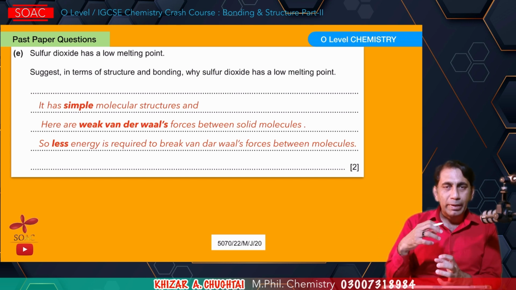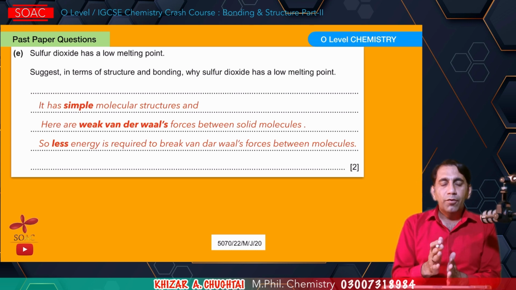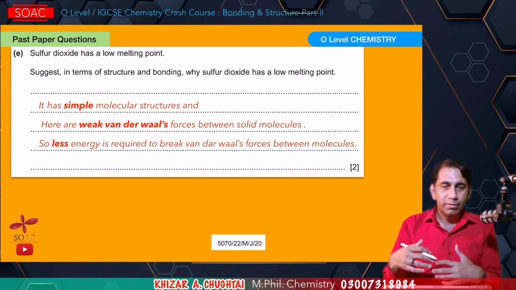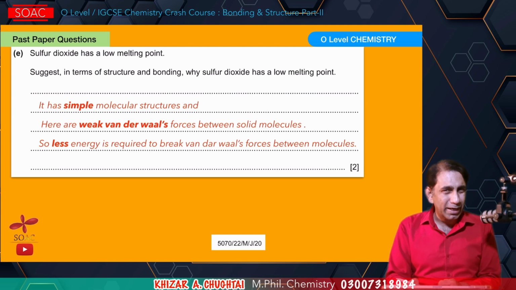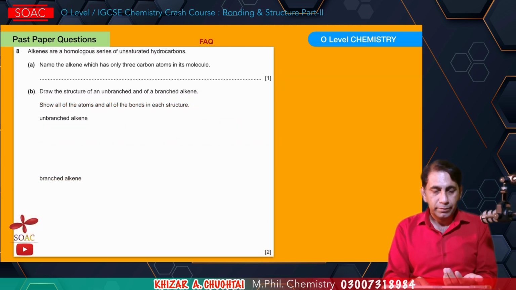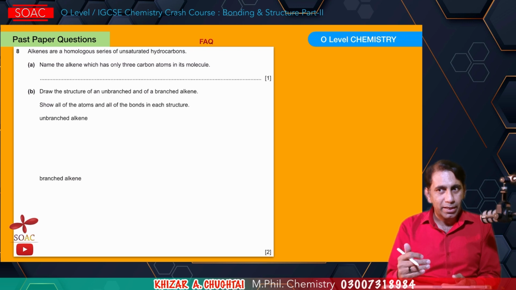So one SO2 molecule attracts another SO2 molecule by a weak force. When you apply heat, these forces can be broken easily. So it has a low melting point and low boiling point. If the SO2 is solid, its melting point will be low. If SO2 is in a liquid state, its boiling point will be low.